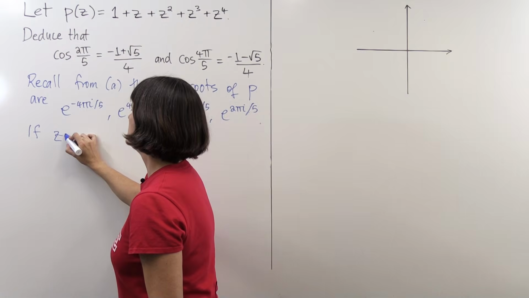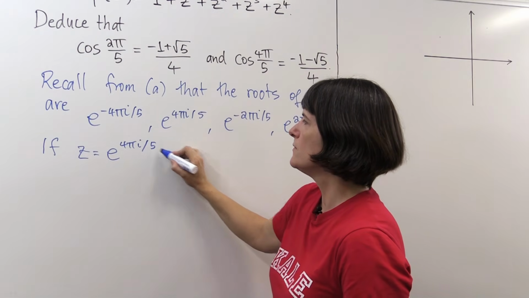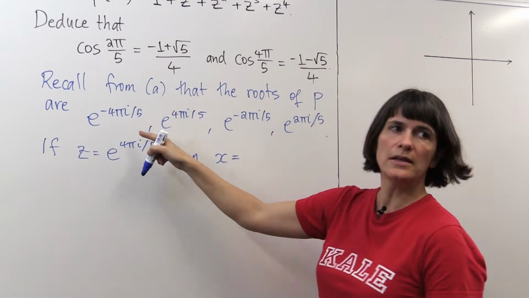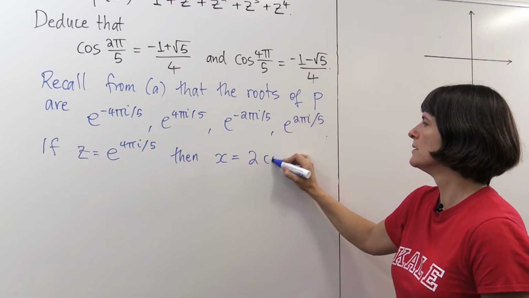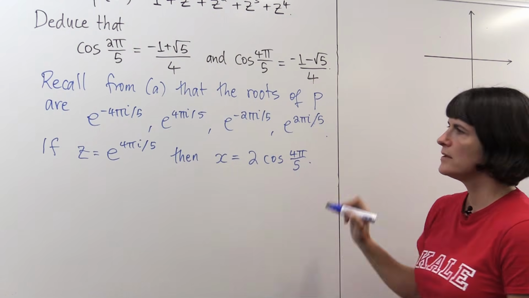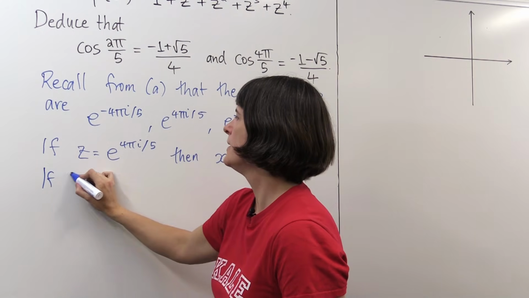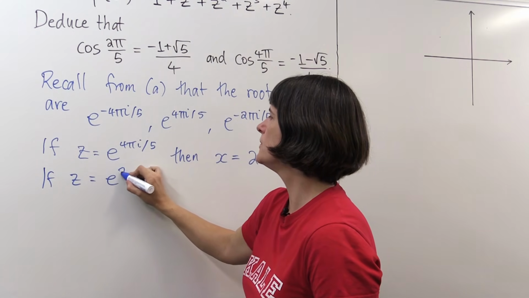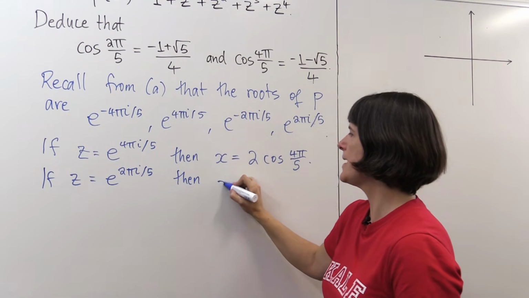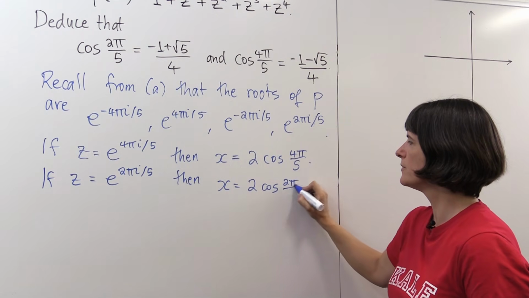If z is, let's say, e to the 4 pi i on 5, then you can check that x is the sum of these two, which is twice cos 4 pi on 5, twice the real part. And similarly, if z is e to the 2 pi i on 5, then x is just twice the cosine of 2 pi on 5.